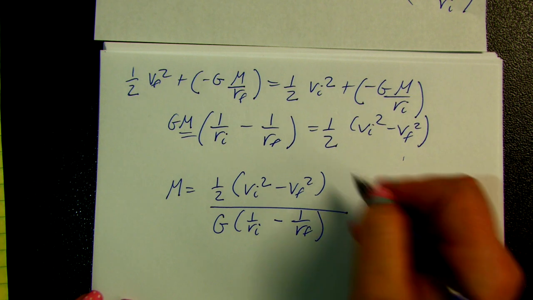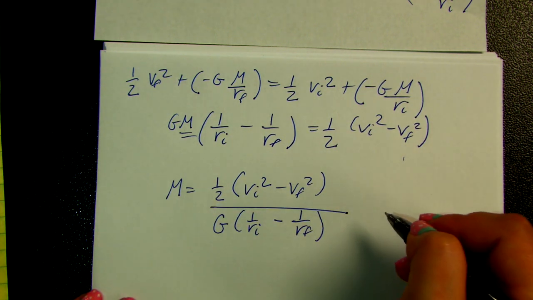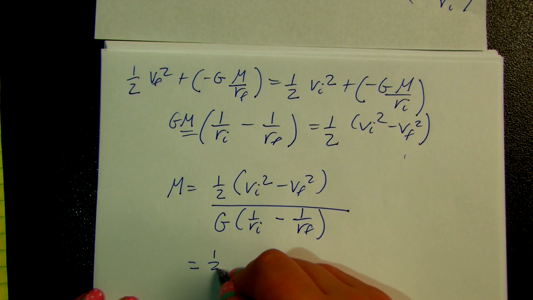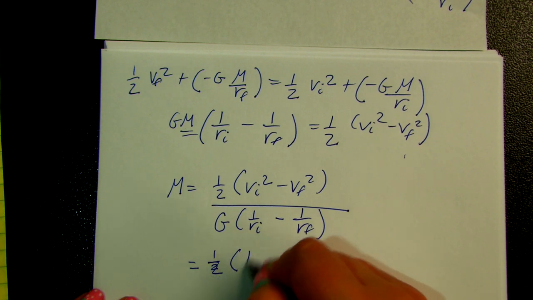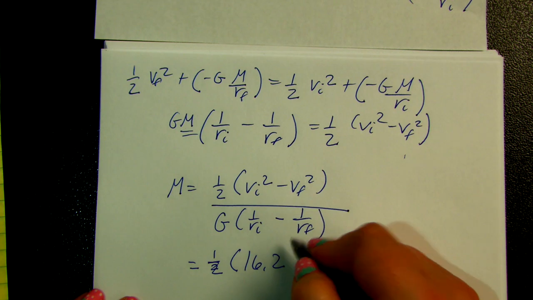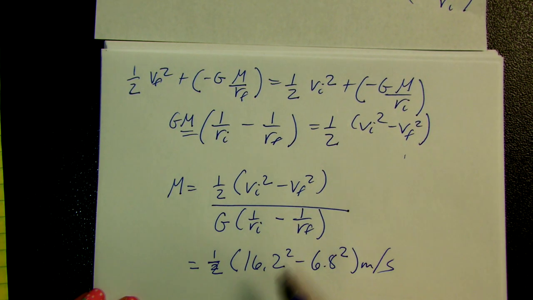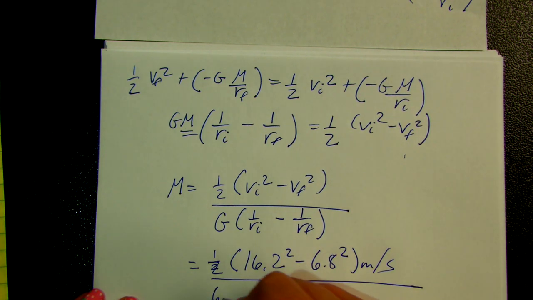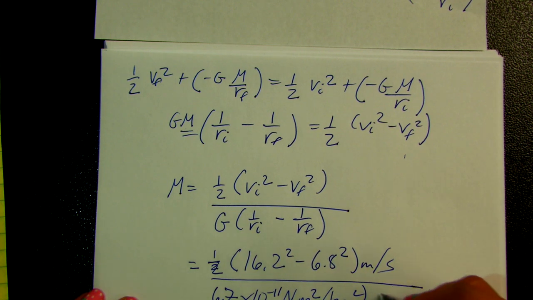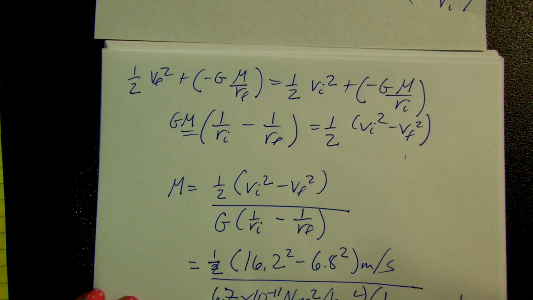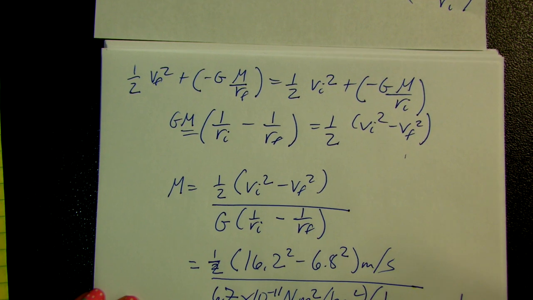Now we have an expression for the mass of Dysnomia, all in terms of things that we know. Hooray! So that's 1/2 times 16.2 squared minus 6.8 squared meters per second, divided by 6.7 times 10 to the minus 11 newton meters squared per kilogram squared, times 1 over 3.5 times 10 to the 5 minus 1 over 7.5 times 10 to the 5 meters.